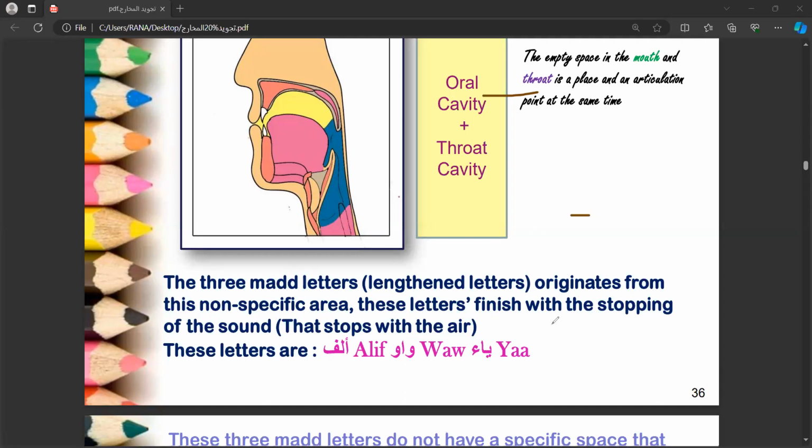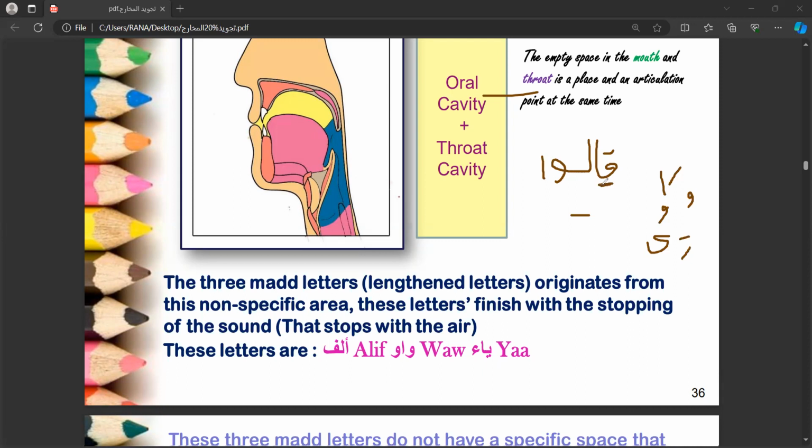These letters finish with the stopping of the sound. And so we pronounce ألف, واو, and ياء: the alif that is preceded by fatha, the waw that is preceded by dhamma, the ya that is preceded by kasra. The three lengthened letters we pronounce from al-jawf, like qa, qalu.